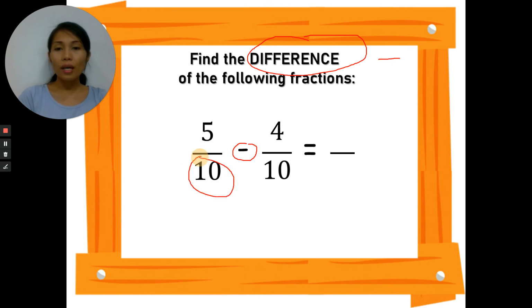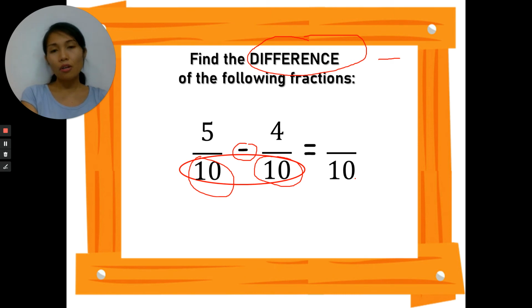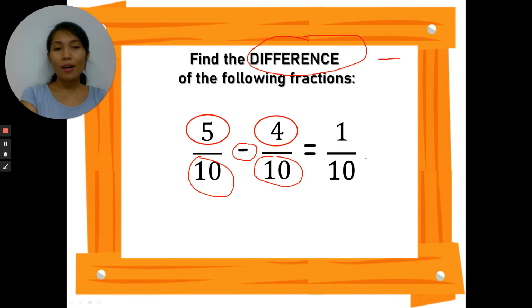So in finding the difference of like fractions, we do the same with the denominator. 10 is the denominator in here, so we'll just copy that. So there's 10 as our denominator, and then we will subtract the numerators. 5 minus 4 equals 1. So our answer is 1/10.